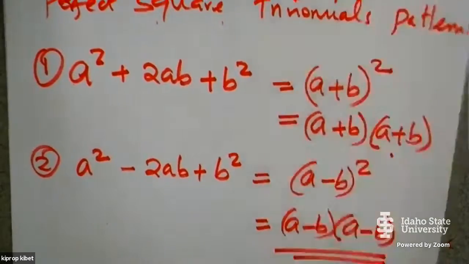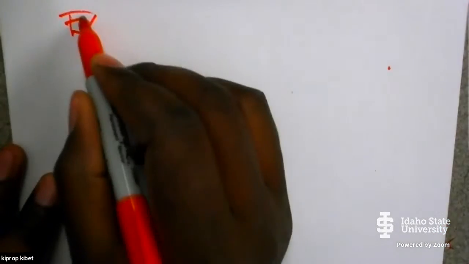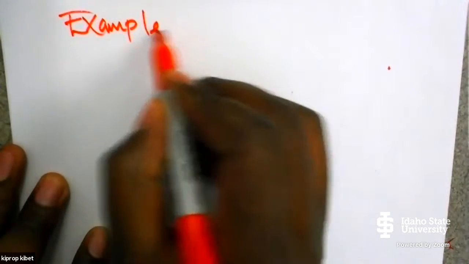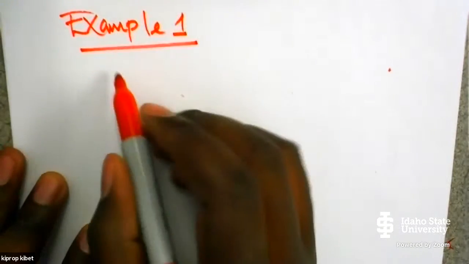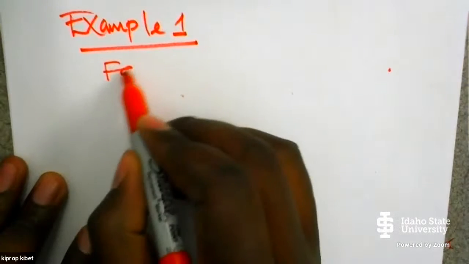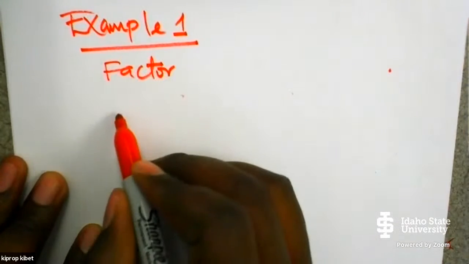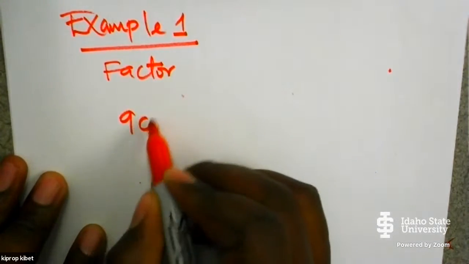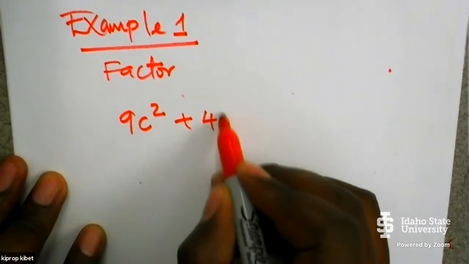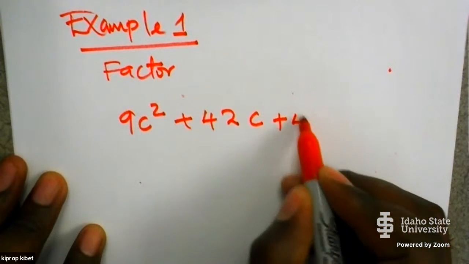Example number 1. So we're going to use this one to solve. For example, factor 9c squared plus 42c plus 49.